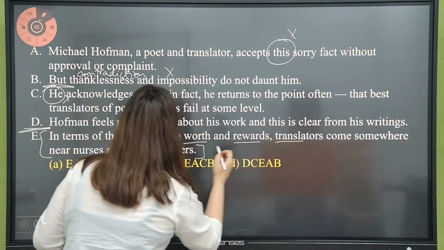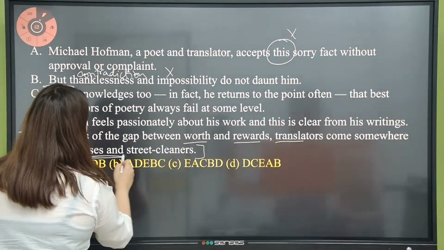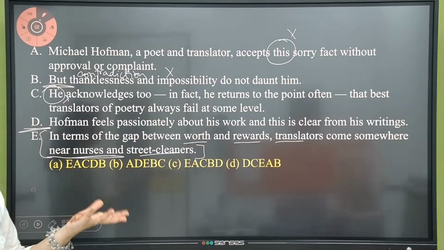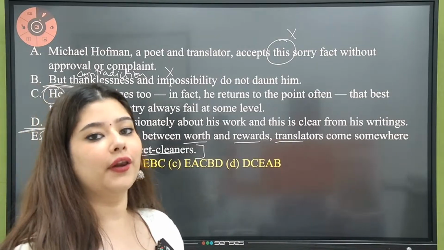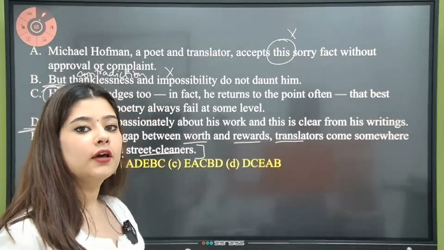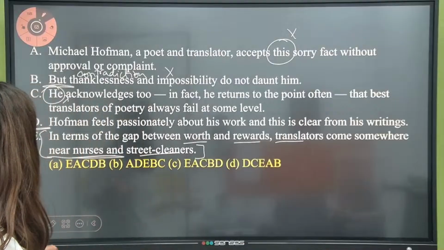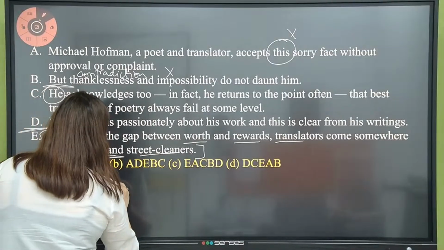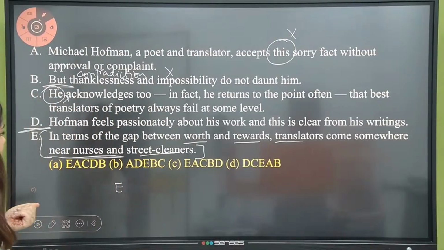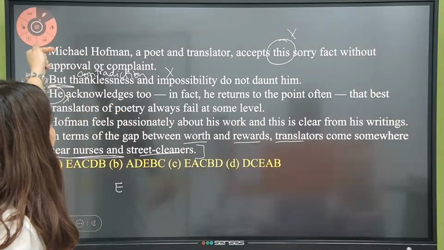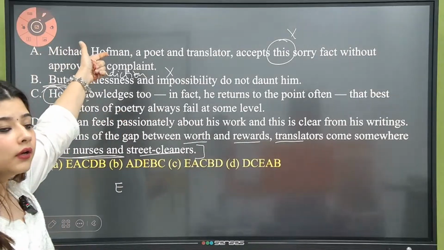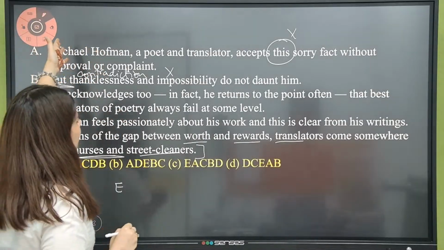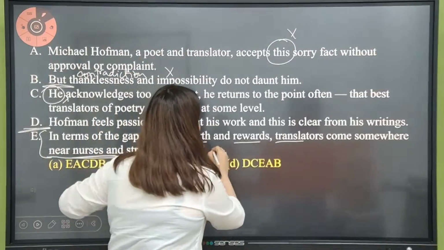Translators come somewhere between nurses and street cleaners, which means that they are not given their due credit. They're not given the reward that they deserve, right? So E could be our introductory statement, and then A talks about a translator, a poet who accepts this fact.